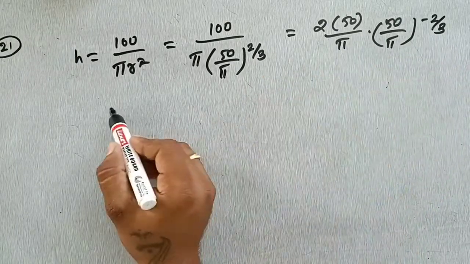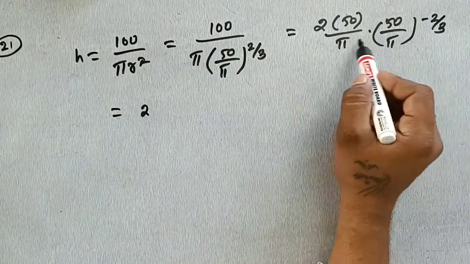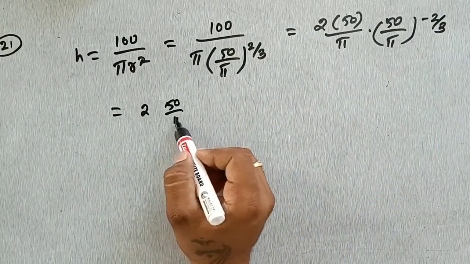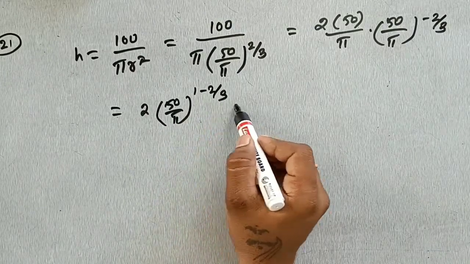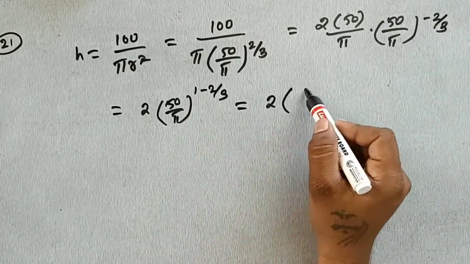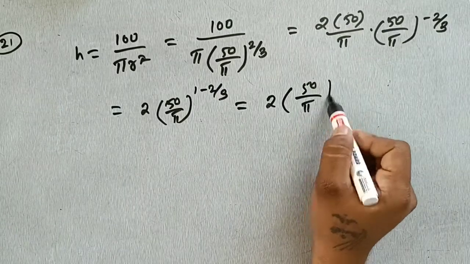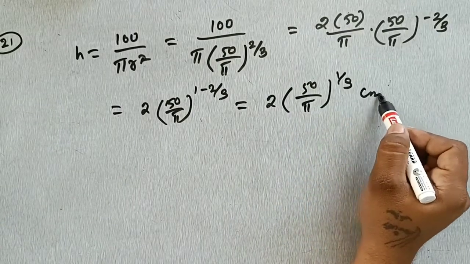Now this 2 will be outside, and we can add the powers, that is 50 by pi to the power 1 minus 2 by 3. Simplifying, we get 2 times (50 by pi) power 1 by 3 centimeter.